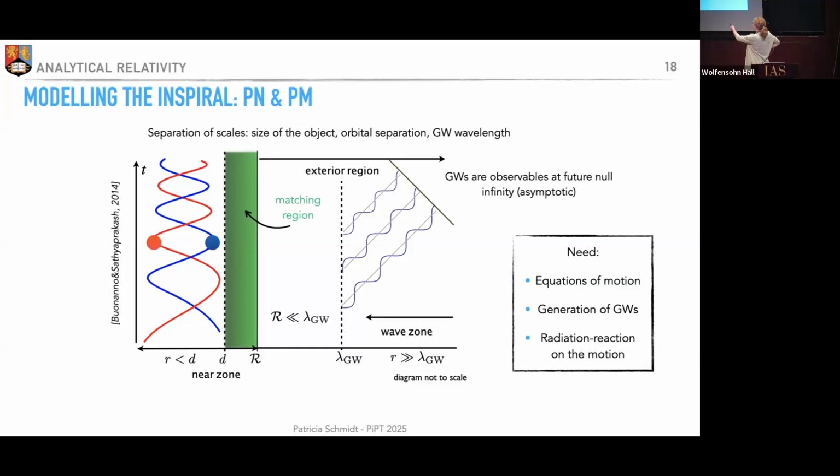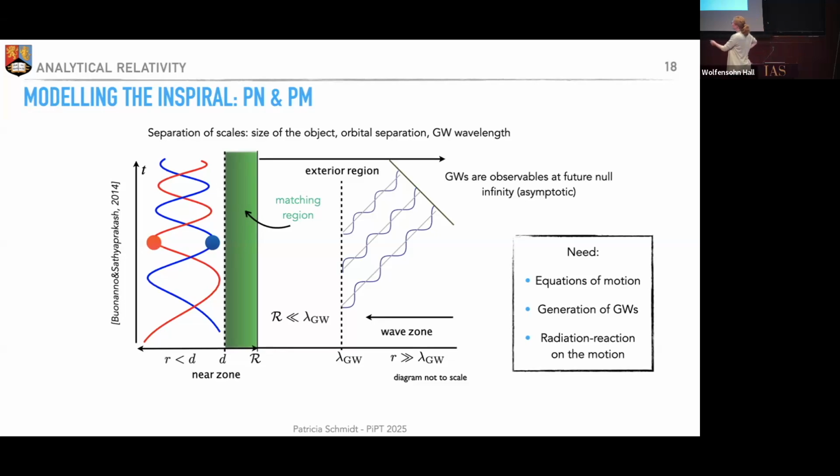Then we go super far away where our observers are, and we observe the gravitational waves at future null infinity, right? They travel along the light cone. That's where we're going to observe them. And that zone we call the wave zone. And that is characterized essentially by a distance that is larger than the wavelength of the gravitational wave that's being emitted.